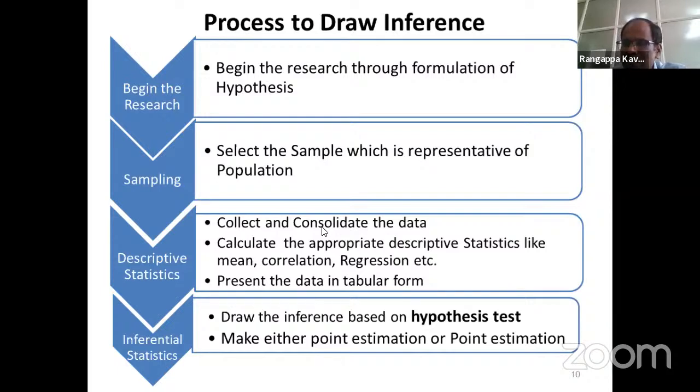That is the master data. For that, I calculated the arithmetic mean. That arithmetic mean is descriptive statistics. Sometimes you may present the data in tabular form. The people who have adopted this technology obtained a mean yield of 14 quintal, and those who have not adopted, their average yield is 11 quintal. Like that, you can put it in a tabular format.